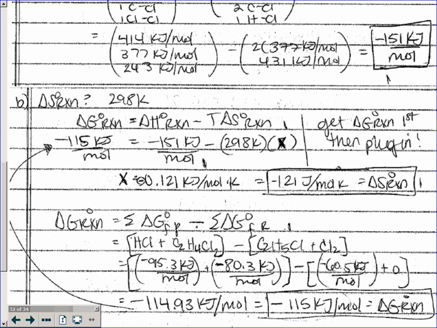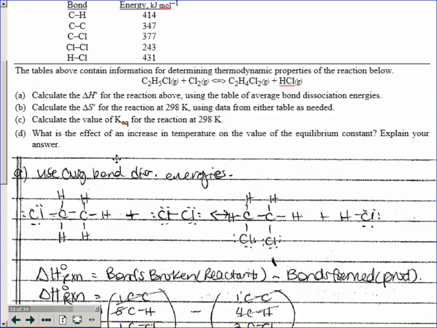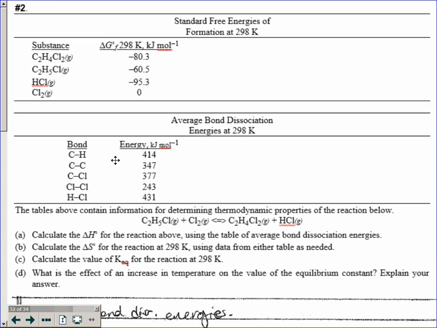All right, so then the last one, number 3. Oh, sorry, question. So when is G ever going to be positive and how do we know? So you would probably solve for G either doing products minus reactants or this equation.